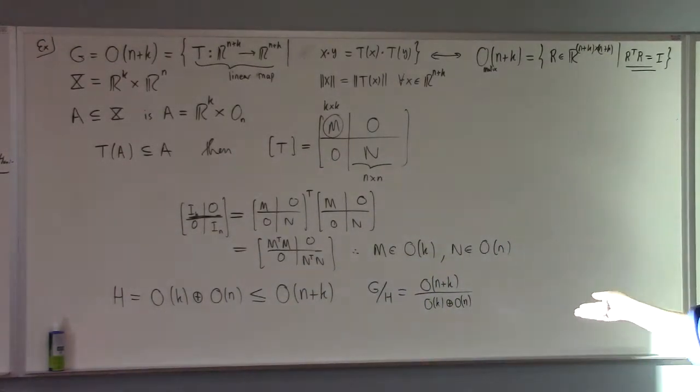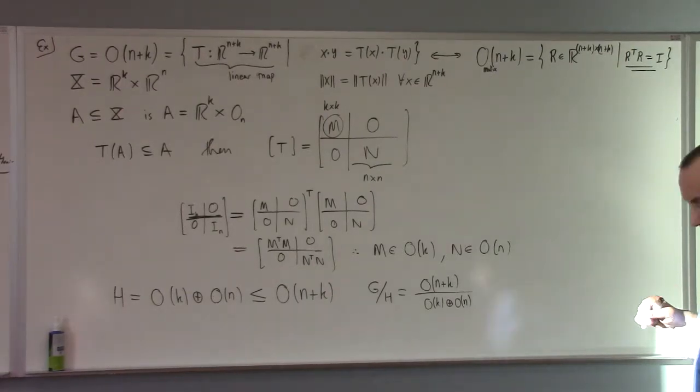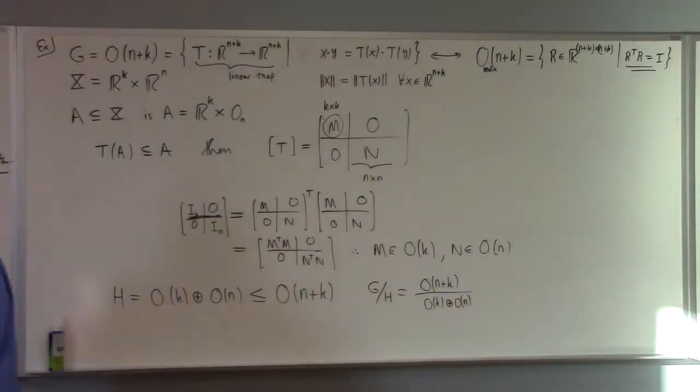Was that identified with the space of all positions A can assume? What's that here? What does that mean?